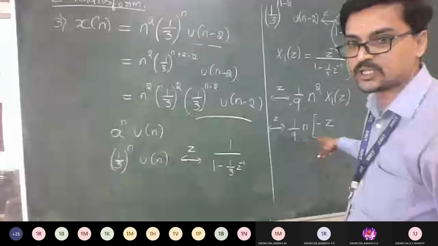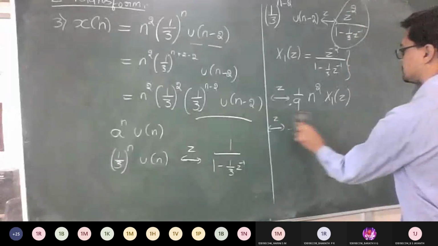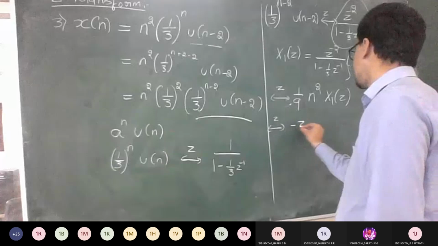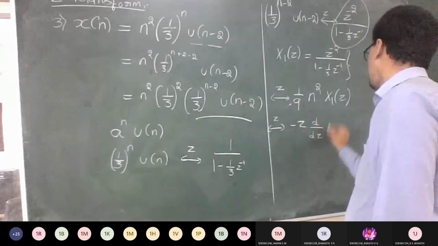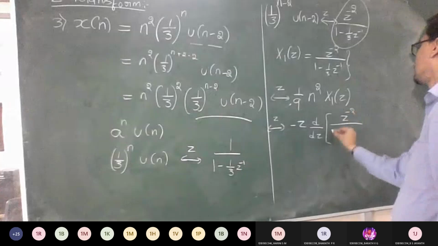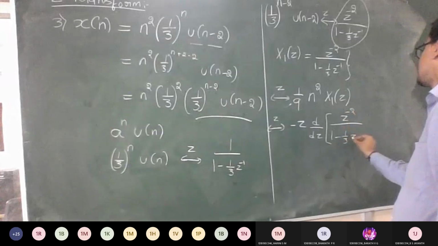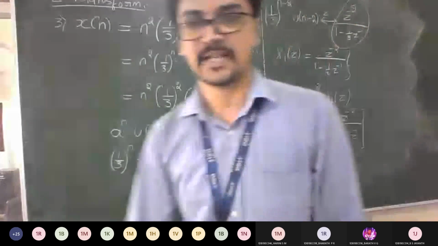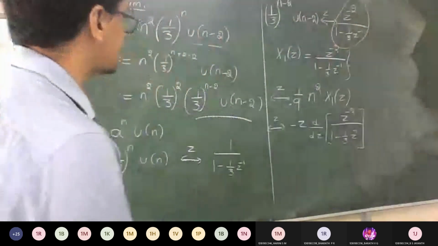I can't write n and z together. So do it for x1 first. So minus z d by dz of this x1 of z, that is z raised to minus 2 over 1 minus 1 by 3 z raised to minus 1. Differentiate this for the first time and tell me what is the equivalent answer.